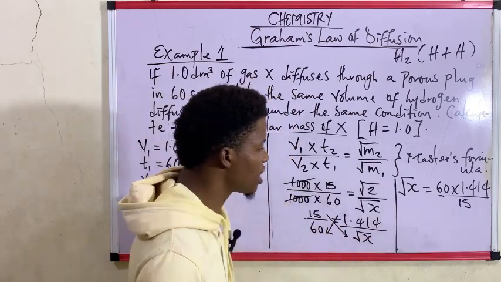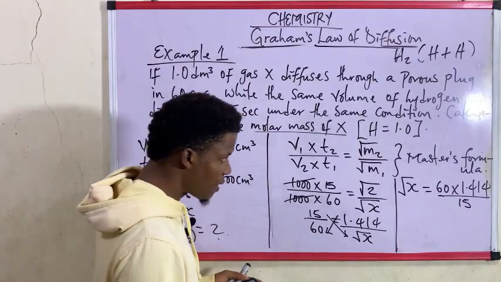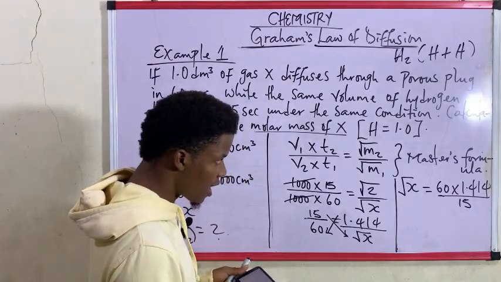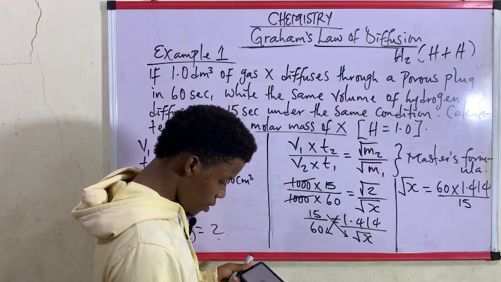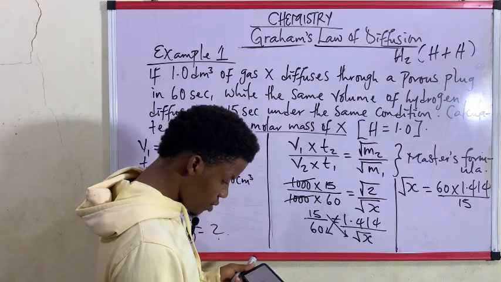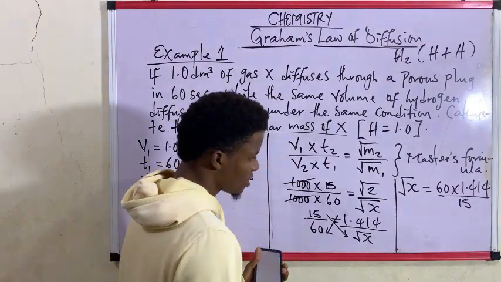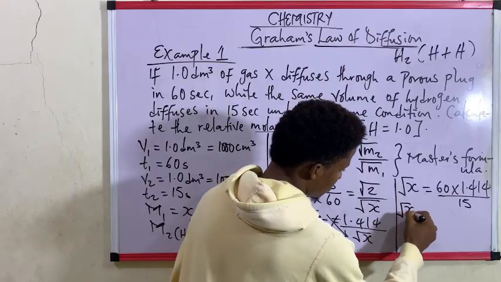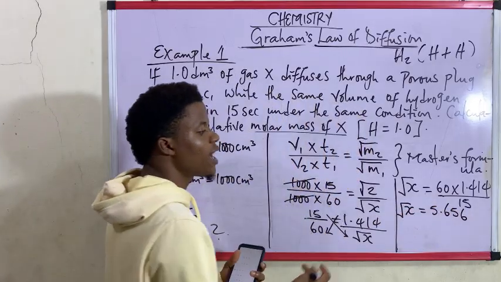Now, let's put this into our calculator right now. So we're going to have 60 times 1.414 is equal to this, divided by 15. So what we actually have is root X is equal to 5.656. But is it our final answer?